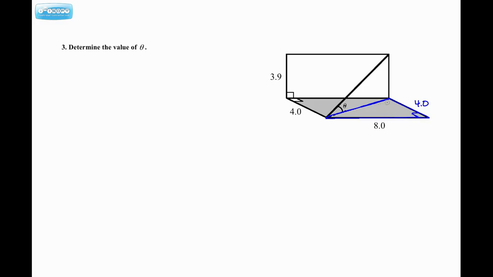So I can just determine the hypotenuse here, and I'll call that Z. Why not? Let's go back to Pythagoras. So 8 squared plus 4 squared equals Z squared. That means Z squared would be 64 plus 16, which is 80. So this is going to be slightly less than 9, I can tell already. So you get approximately 8.944.